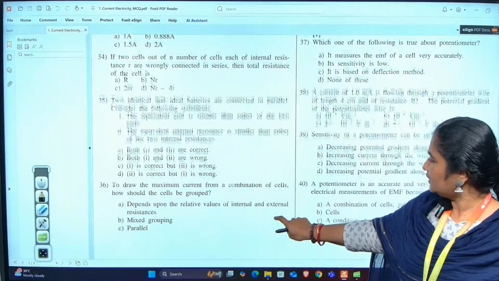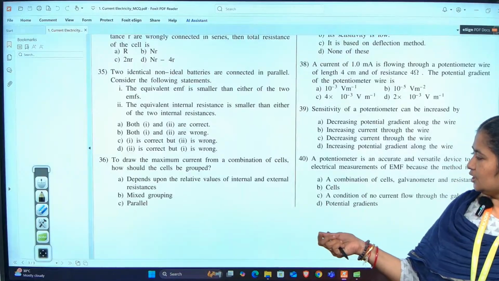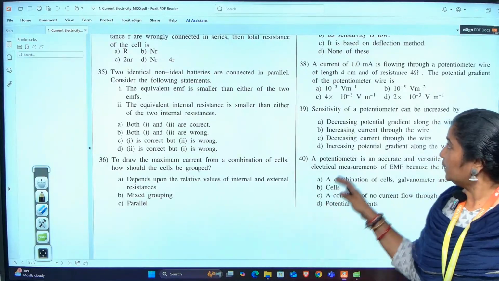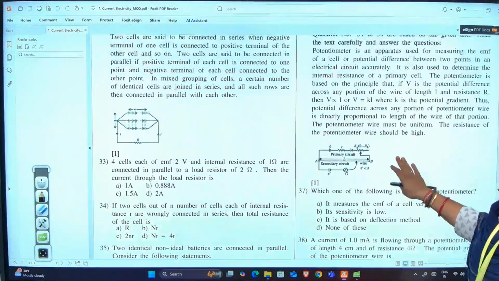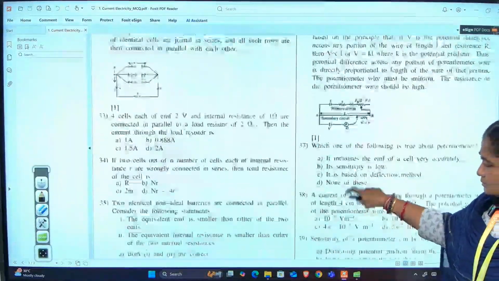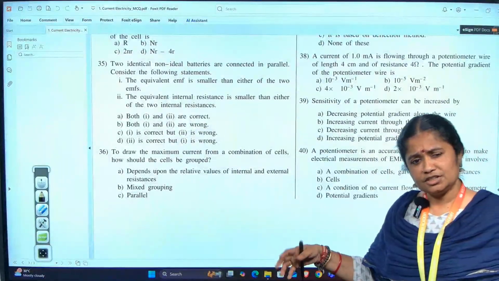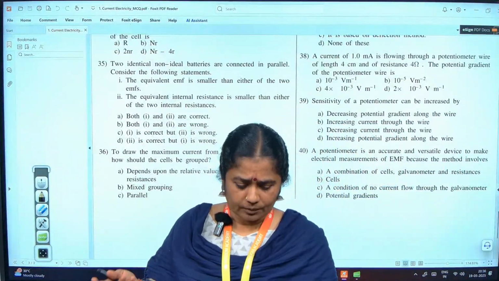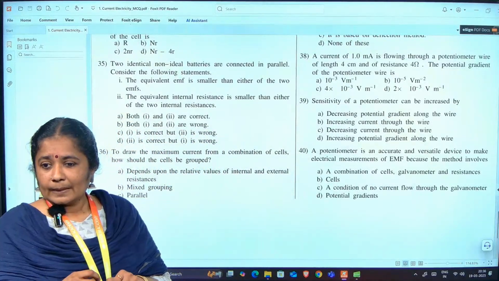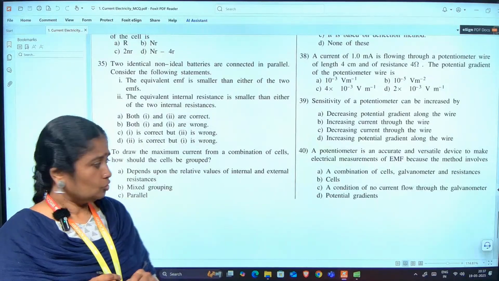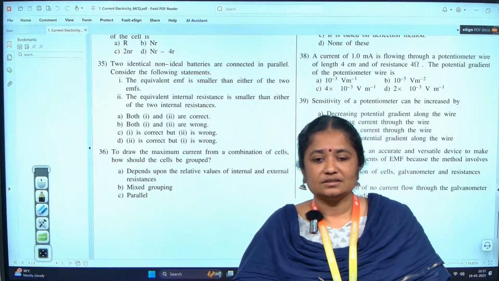To draw the maximum current from a combination of cells, how should the cells be grouped? It depends upon the relative value of internal and external resistance: mixed grouping, parallel or series. Will you get maximum current in parallel? That depends on the relative values of internal and external resistance, whether it is a weak battery or a fresh battery.